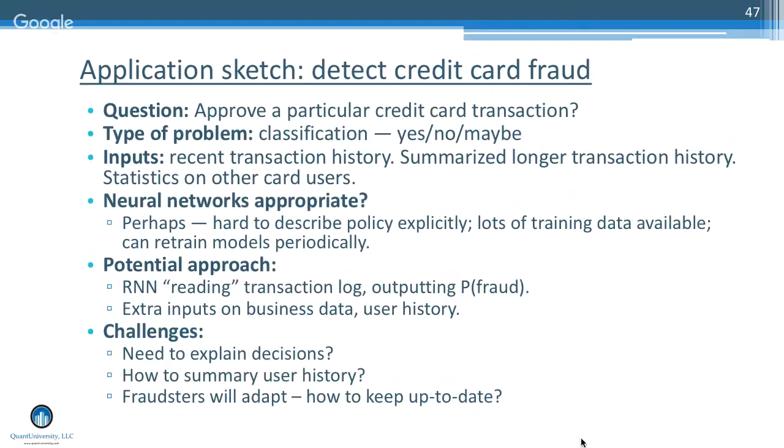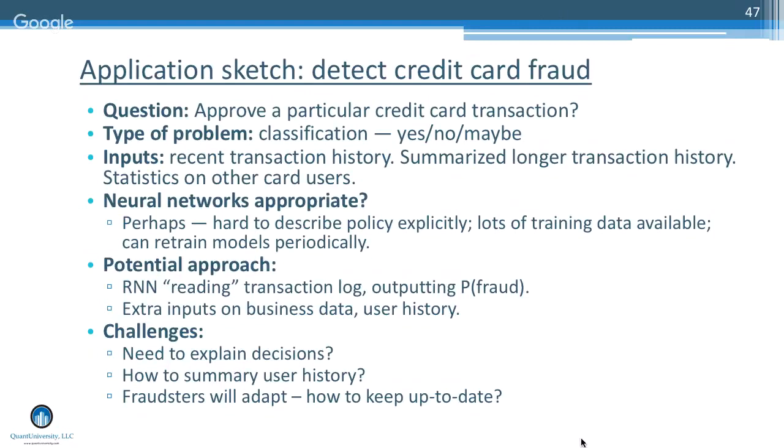In some ways, I think the reason I might try something like neural networks is that it's another place where it's hard to describe explicitly what the rules should be. I'm sure when people started doing this 30 years ago, they said, oh, if the transaction is over such and such amount, and if it's in a different country than you had a transaction a few minutes ago, it's fraud.